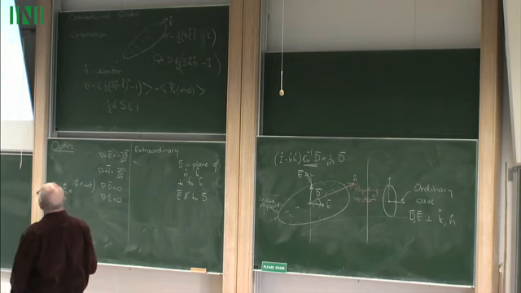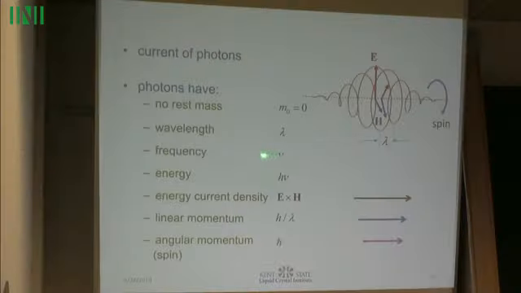So photons have no rest mass, but they certainly have a wavelength. They have a frequency. They carry energy. Then they have linear momentum, which is in the propagation direction, and they have angular momentum also, which is just spin.